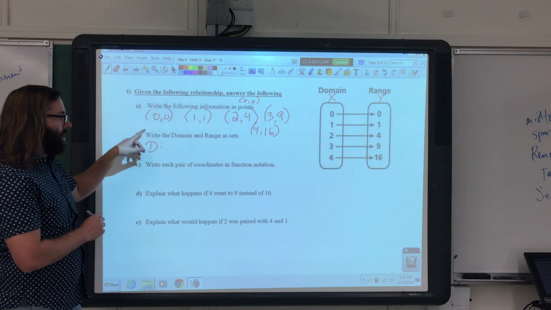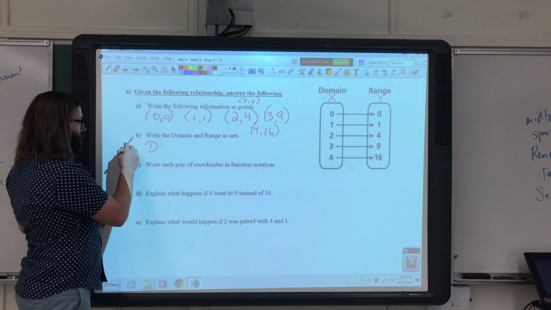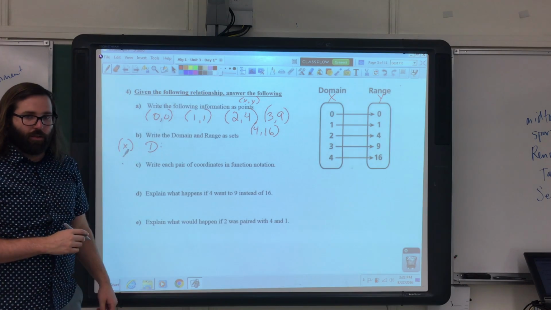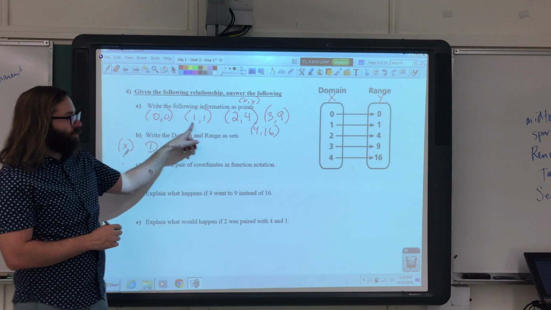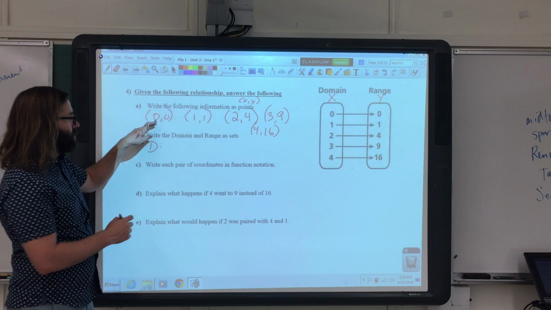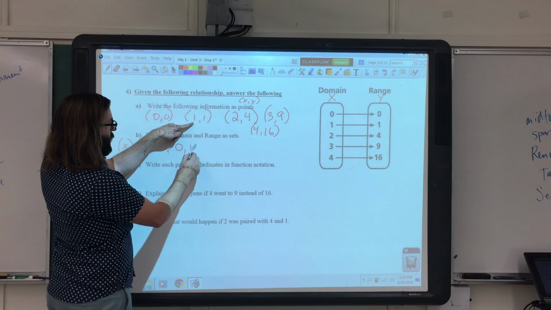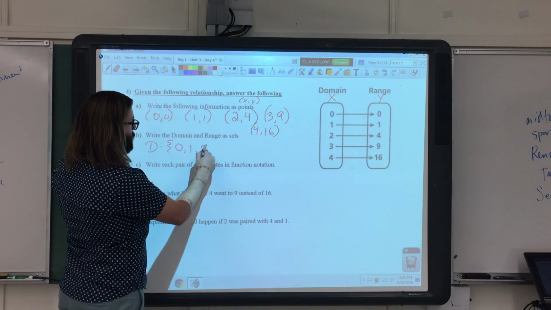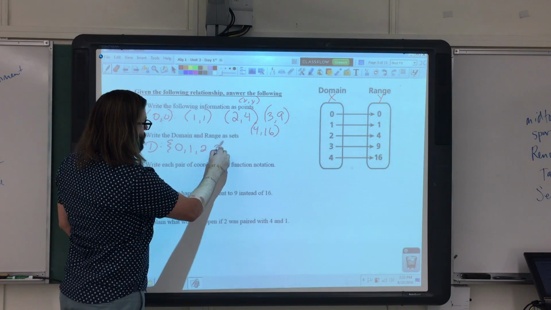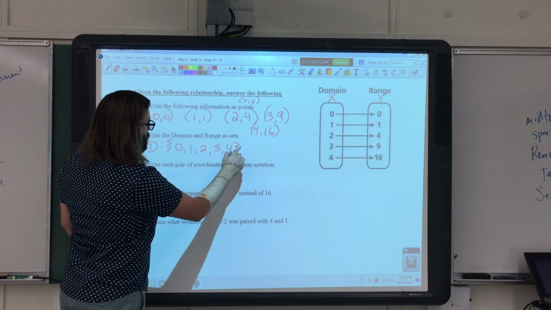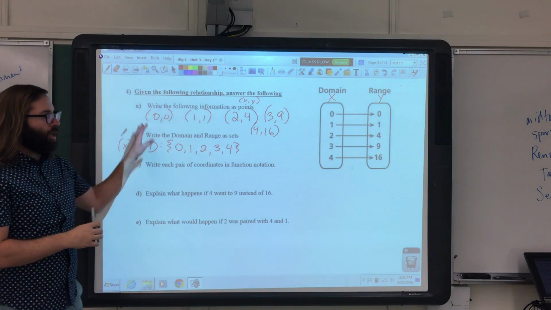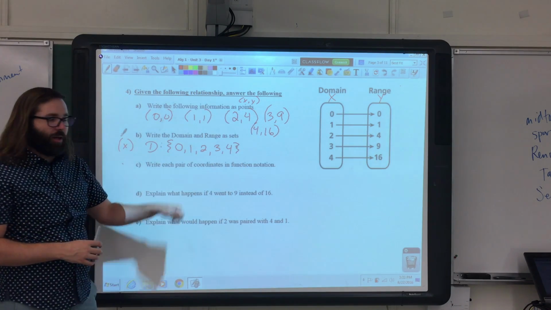Now we have to figure out the domain. Remember, domain is X. That's our X's. So we go from smallest to largest. We have 0. So we do a little curly bracket, 0, 1, 2, 3, 4. Those are the only possible values for X that we can have.